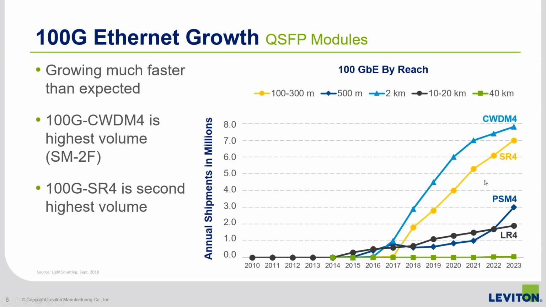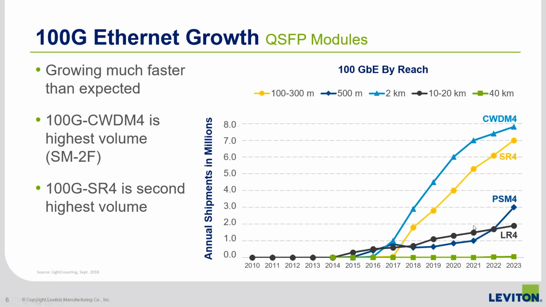And this really looks at the top runners in terms of volume. By reach, the top one is the CWDM4, which is a 2-fiber single mode solution, the 2K reach. Then you've got the SR4, which is a multi-mode 100-meter solution, next after that.